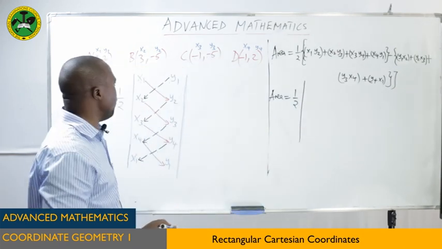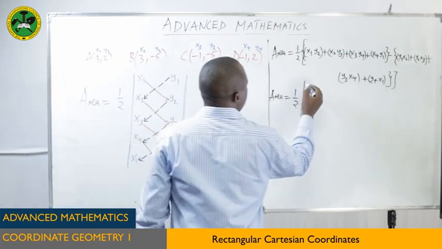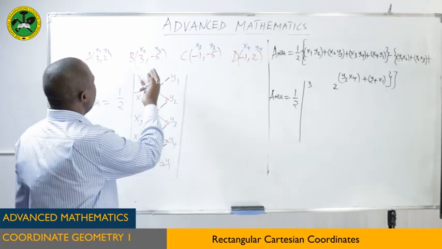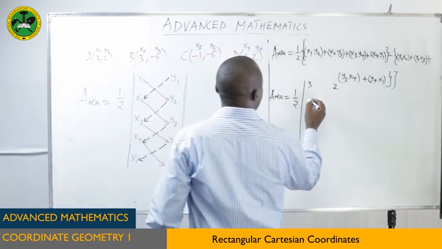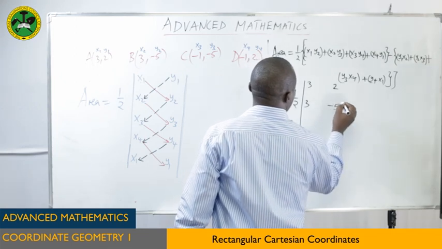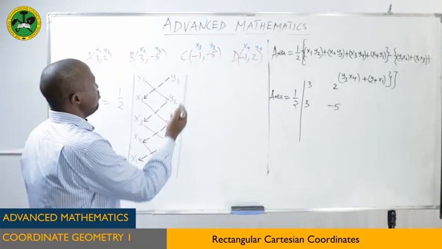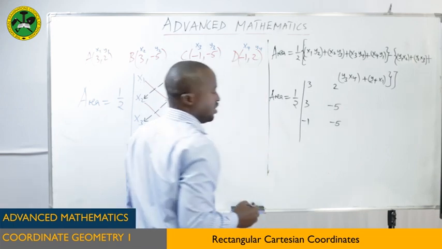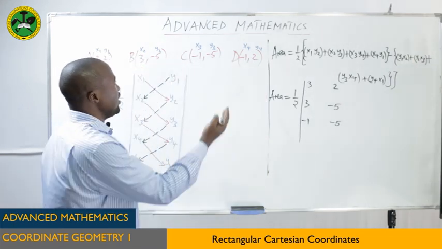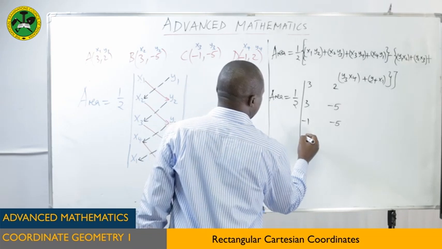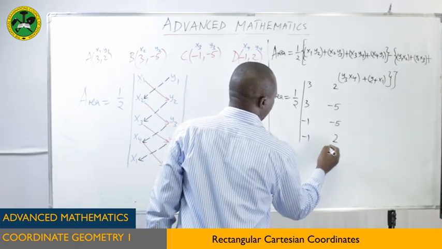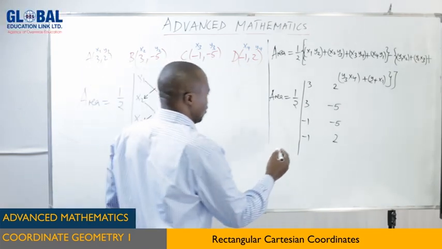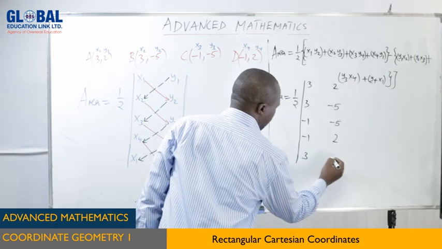The determinant of, we have 3 and 2, followed by 3 and negative 5, then negative 1, negative 5, and then negative 1 and 2. But remember, we repeat the first coordinate, that is 3 and 2.